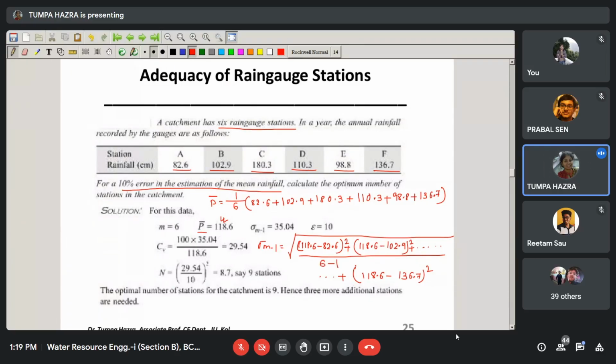Now if you calculate, you will obtain the result as 35.04.